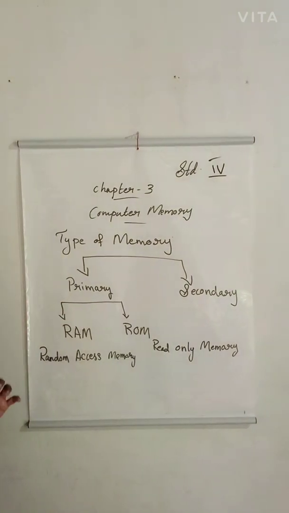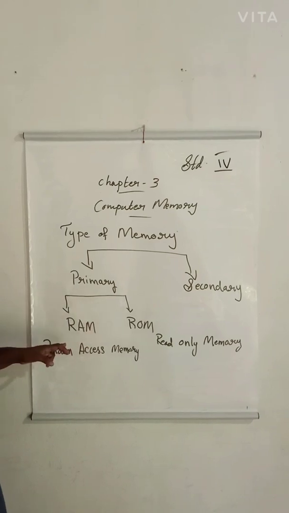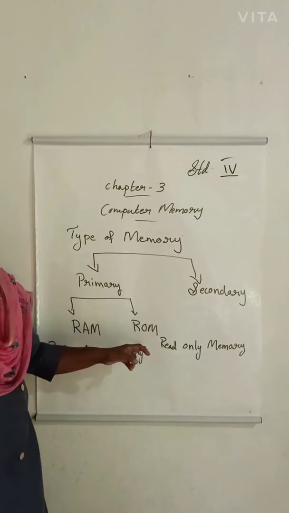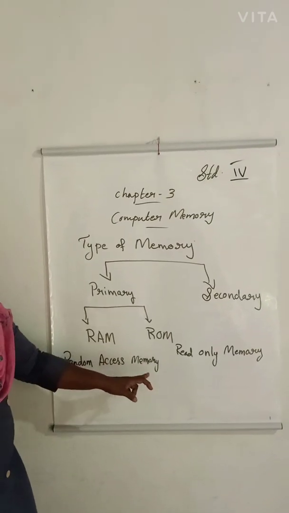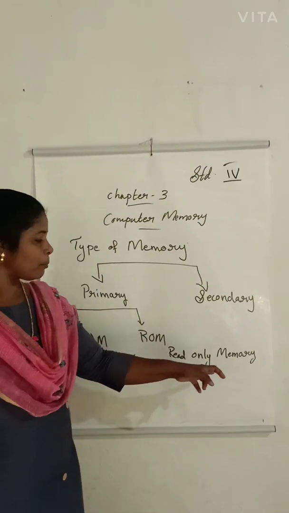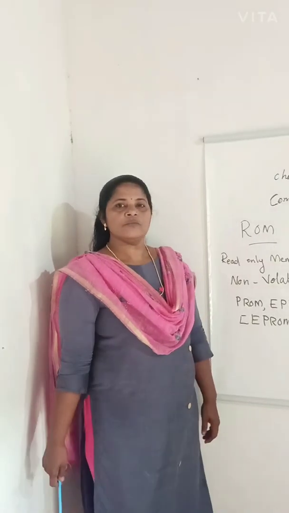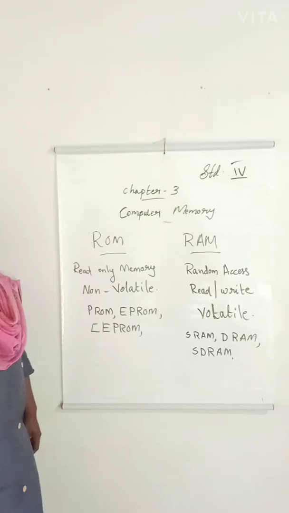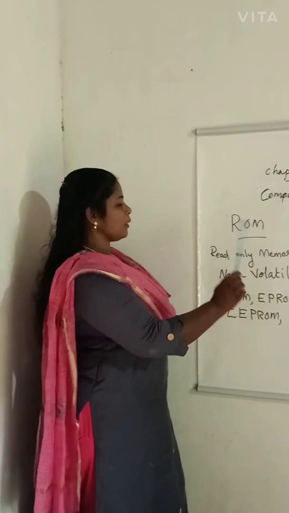That primary memory is again divided into two. Which are the two divisions of primary memory? RAM and ROM. What is the full form of RAM? Random access memory. What is the full form of ROM? Read only memory. Okay. So what is ROM? ROM means read only memory.